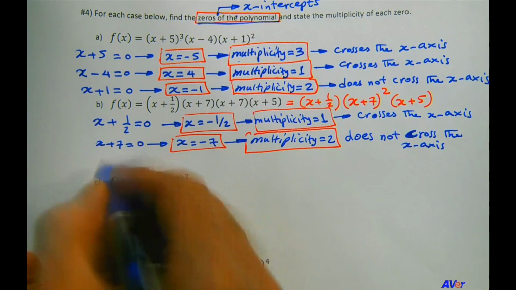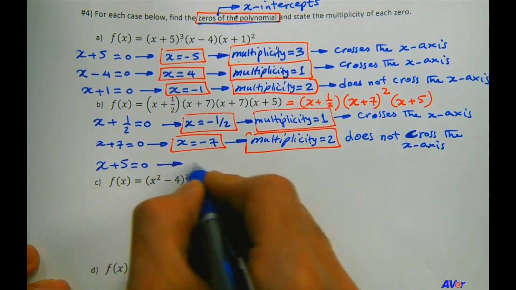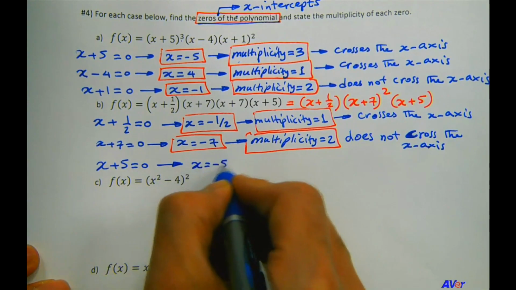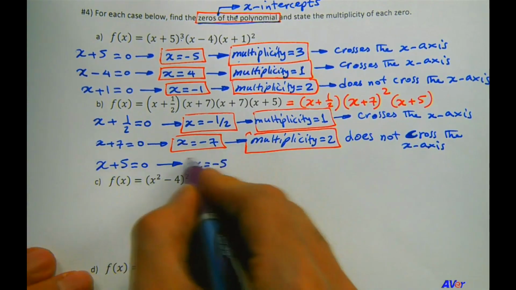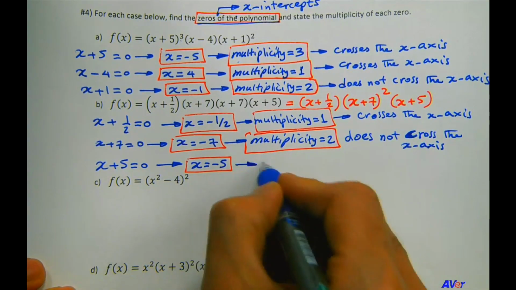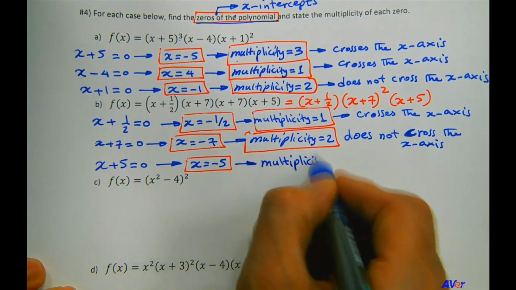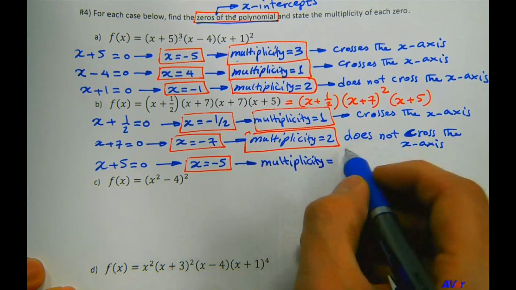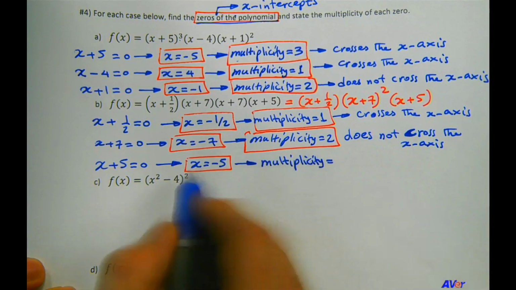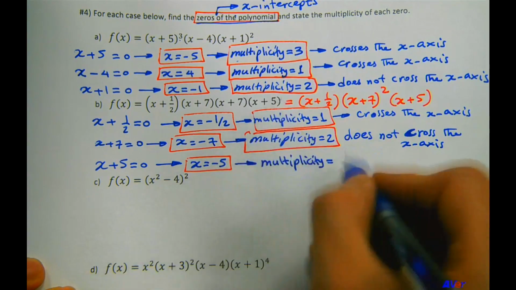What about the next one? x plus 5 is x equals -5. Multiplicity equals, for -5, it's 1, right? The power is 1.